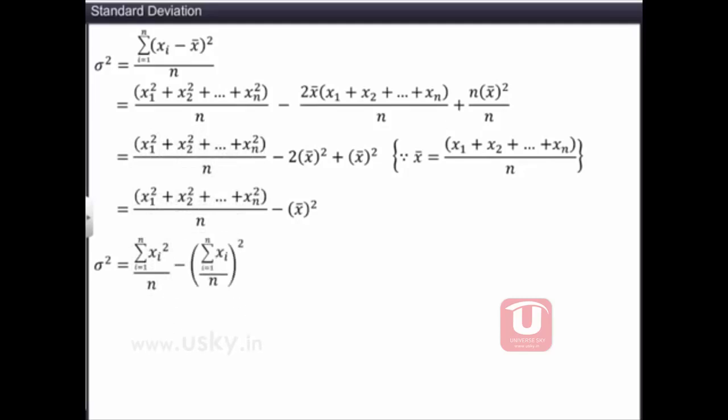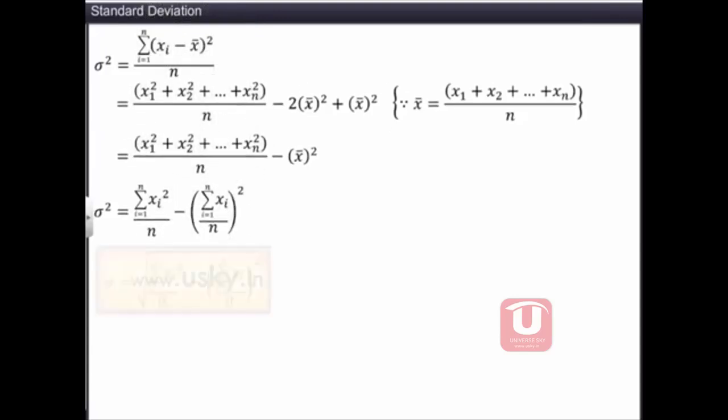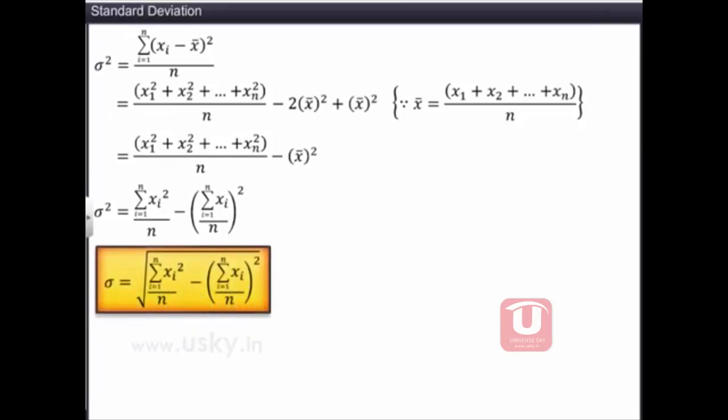Therefore, the standard deviation of an ungrouped data can also be calculated by using the formula square root of summation of xi squared divided by n minus summation of xi divided by n, whole squared.